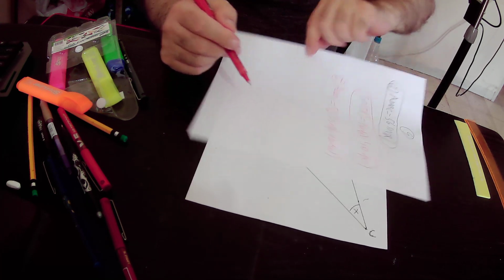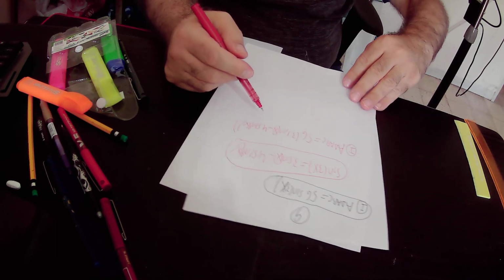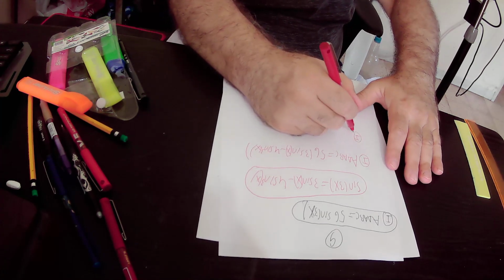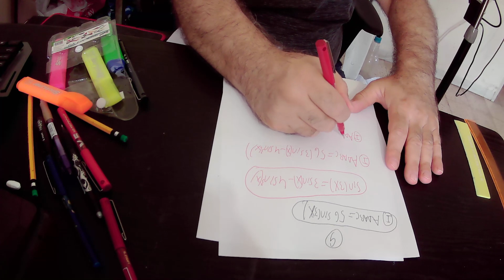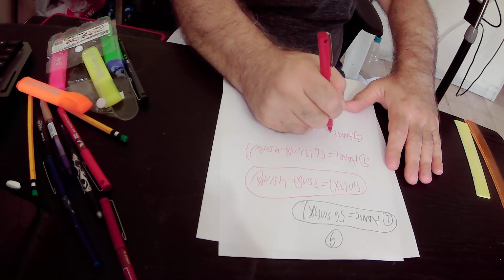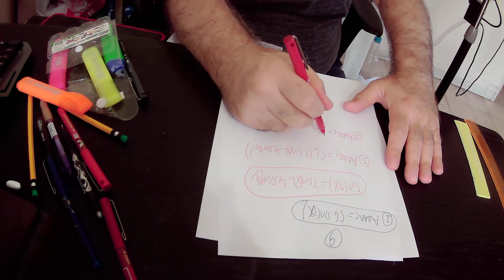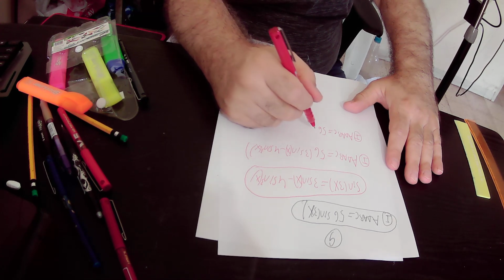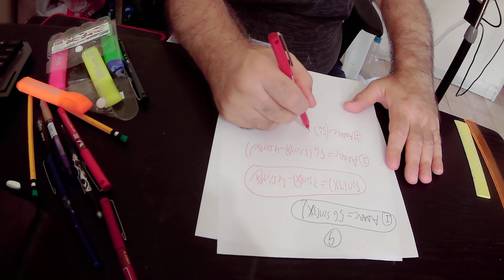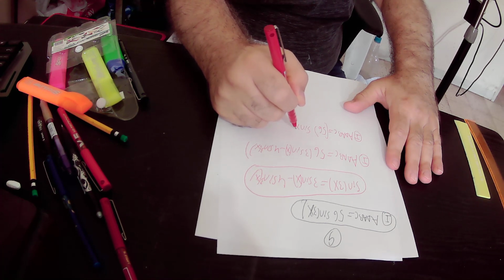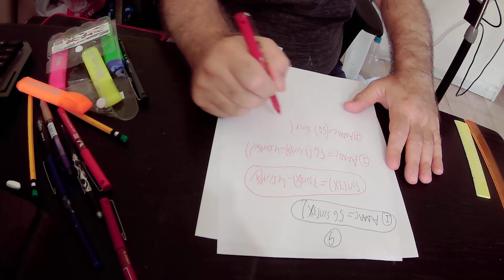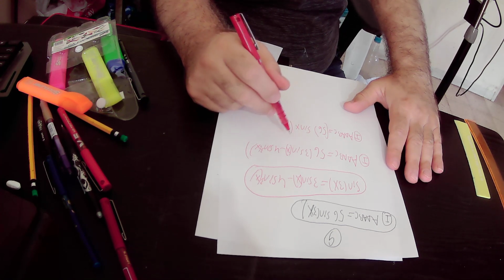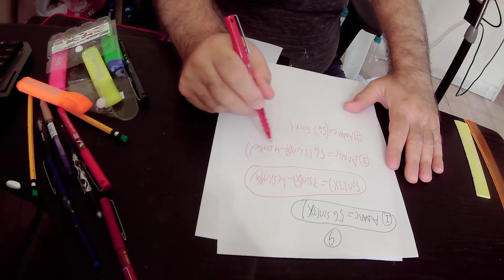We'll get that the value now of triangle ABC equals to 56 times sine x. In the brackets we took out sine x as a common factor of this expression.